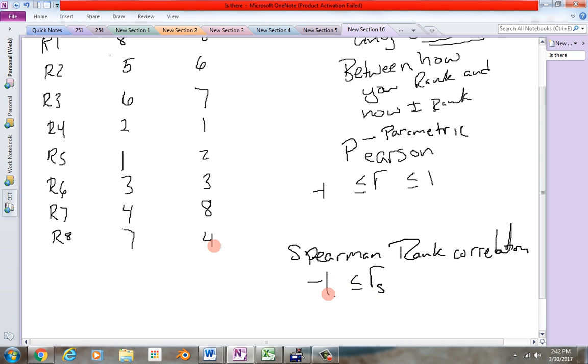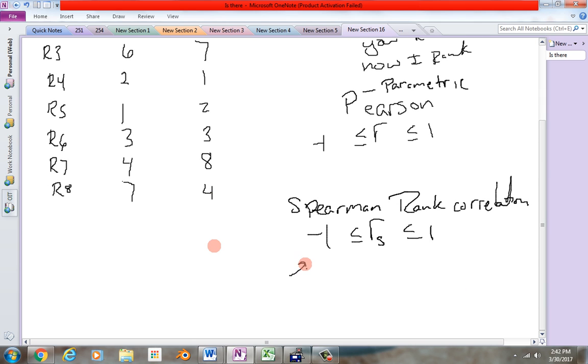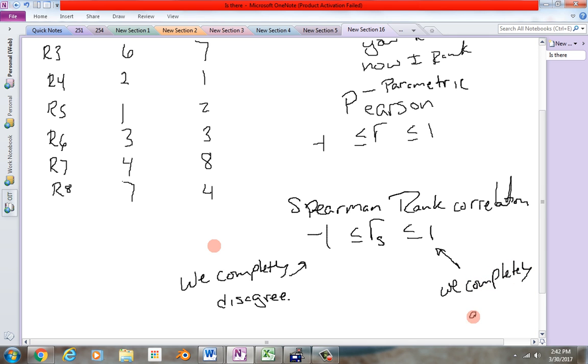It can also go from -1 to 1. -1 means we completely disagree. If you rank it one way, I rank it 100% opposite. A 1 means we completely agree.